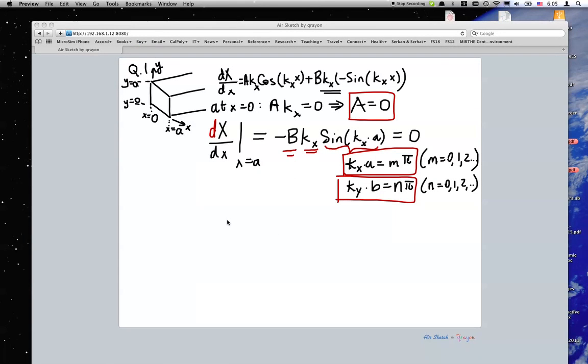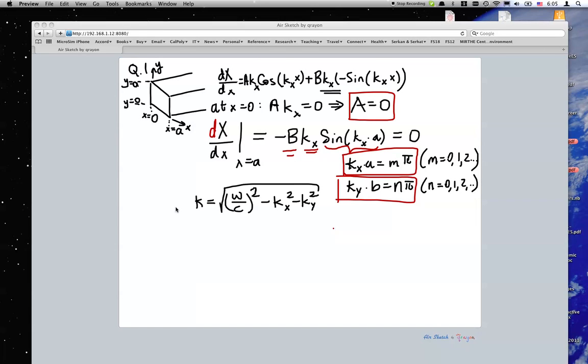Let's do that. So that would give us k equals the square root of omega over c squared minus kx squared minus ky squared.